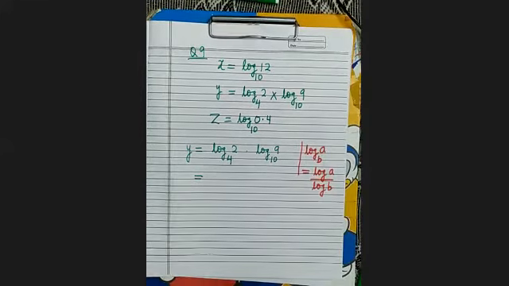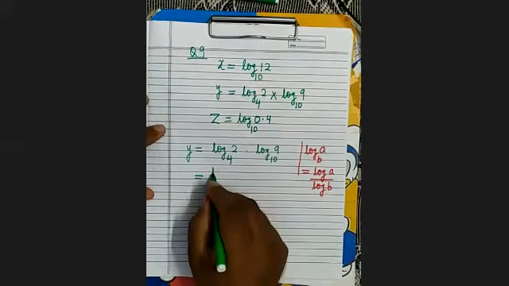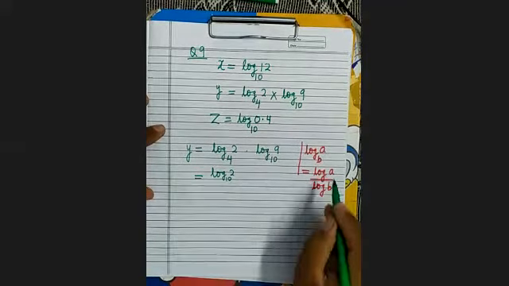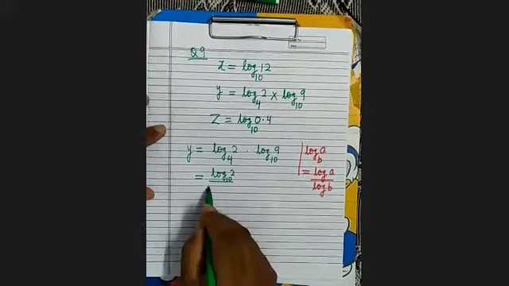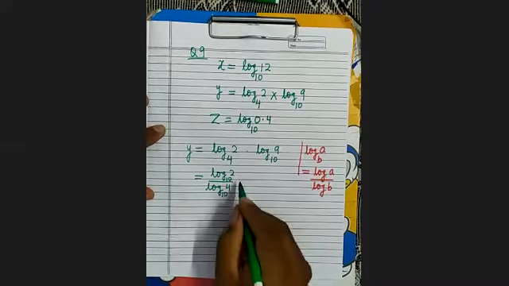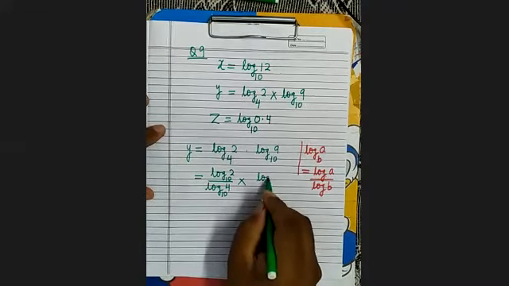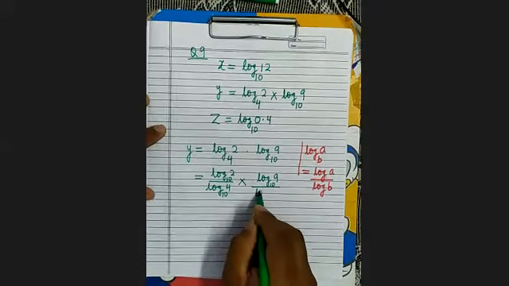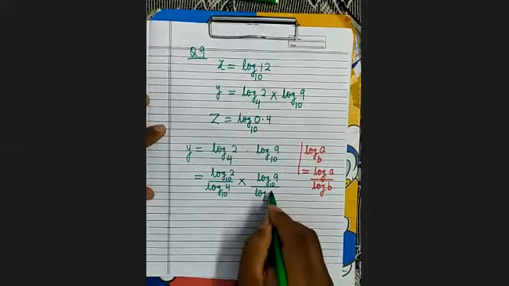So see here, this you can write as log 2 to the base 10 upon log 4 to the base 10, into log 9 to the base 10 upon log 10 to the base 10.